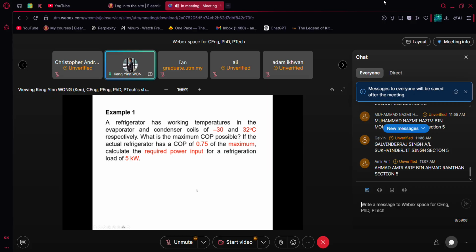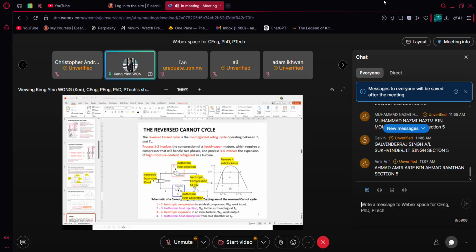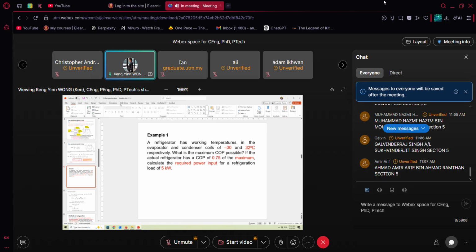So let's try to solve it together. Right here, your TL would be negative 30. Remember, everyone, write it down: change Celsius to Kelvin.